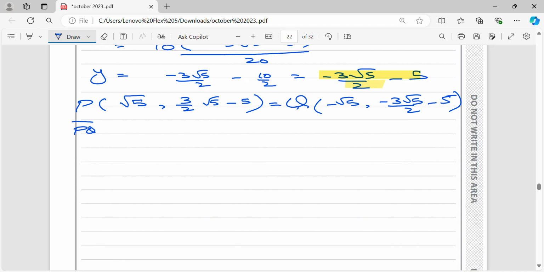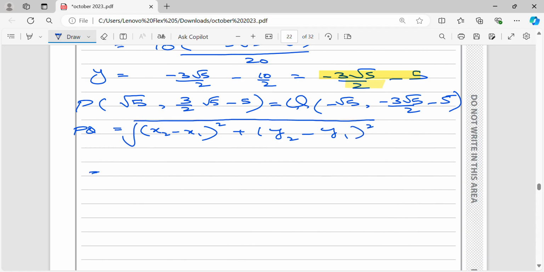Let's use the distance formula here. So x2 minus x1 whole squared plus y2 minus y1 whole squared. This is the distance formula. So let's say this is x1, y1, this is x2, y2.